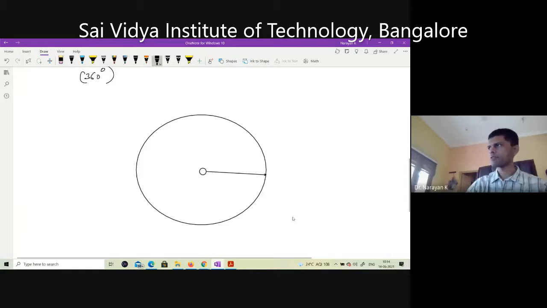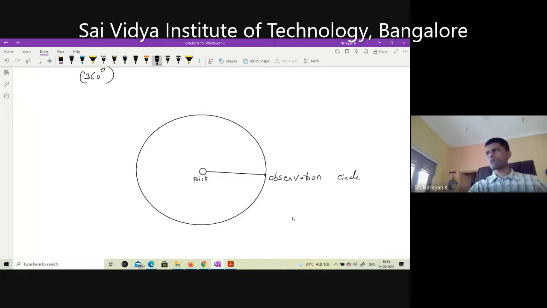This is known as your observation circle. This is your point source antenna. It is very small. So this is your antenna here, which is acting as a point source.